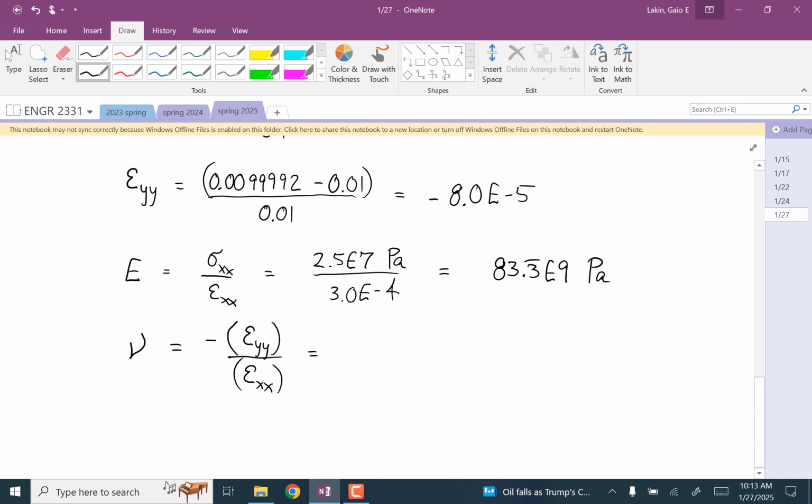So this is negative 8.0 times 10 to the minus 5th, and then negative of that, divided by 3.0 times 10 to the minus 4. The negatives cancel. You always need to get positive numbers for your Poisson's ratio. And this comes out to be 0.26 repeating. And since this is unitless divided by unitless, this Poisson's ratio is unitless.